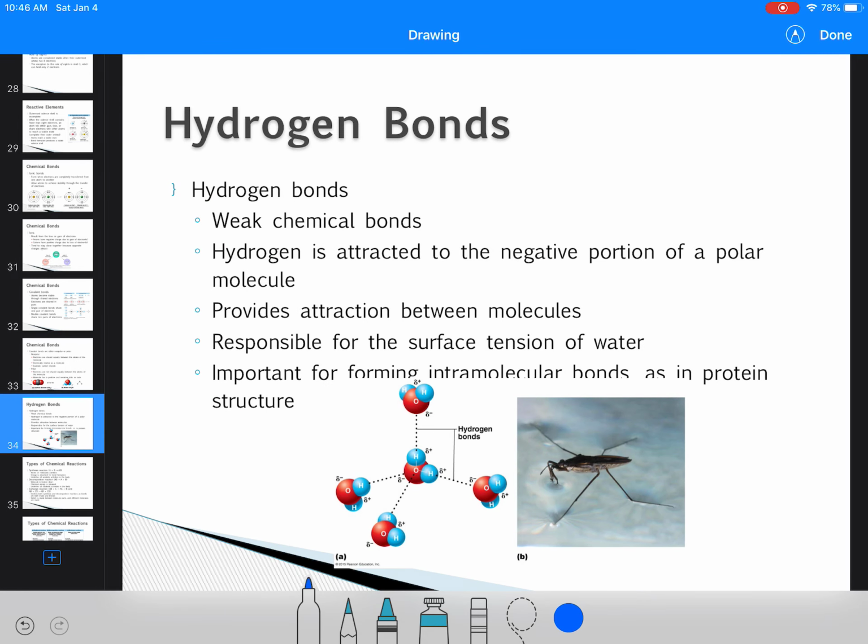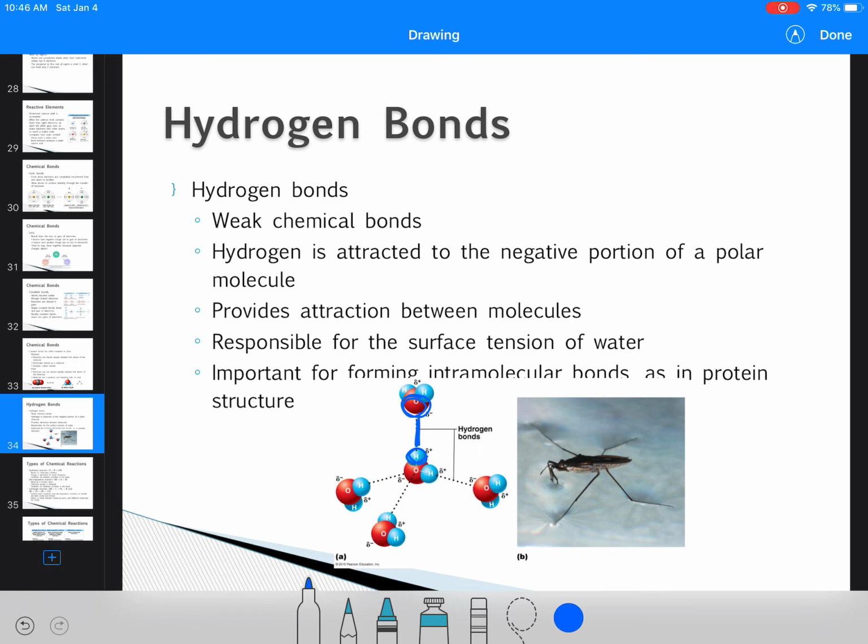So if you throw a bunch of water molecules together, then what happens? You have positively charged hydrogen atoms being attracted to negatively charged oxygen atoms, and that forms what we call a hydrogen bond between those two atoms, because they're opposite charges. It kind of attracts them to one another.